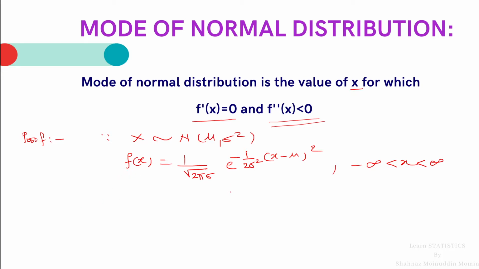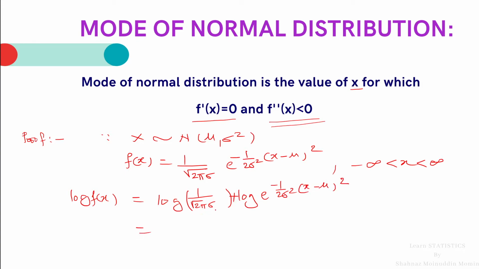Now to obtain mode, I will take logarithm on both sides of the probability density function. Therefore, log of f(x) is equal to log of 1 upon root 2 pi sigma plus log of e raised to minus 1 by 2 sigma square (x minus mu) square.